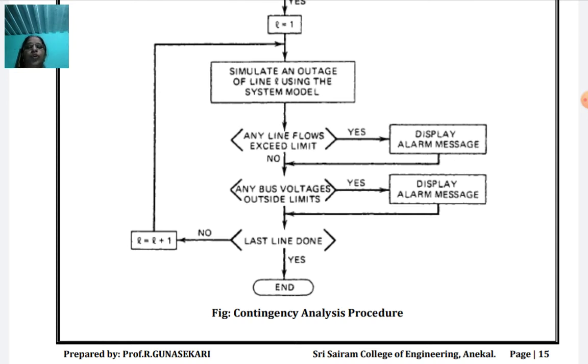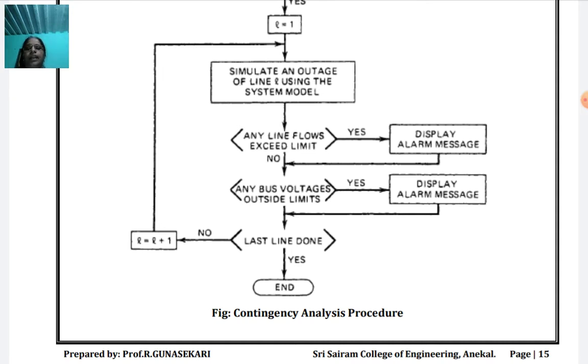If the bus voltage is outside limits, yes, display an alarm message. If no, come to the last line done check. If it is not the last line, the line is incremented by 1.